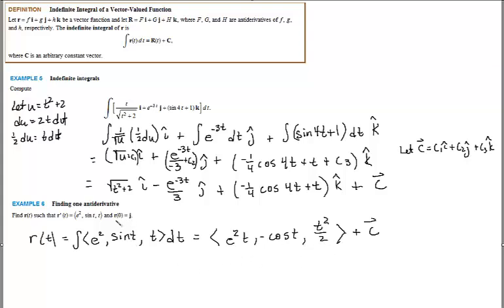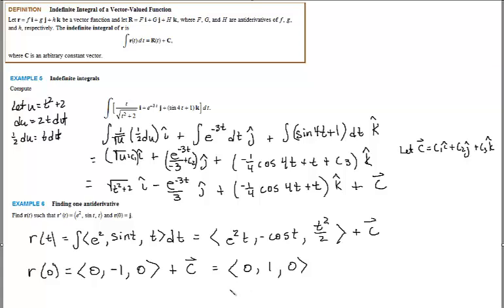They say that r of 0 is just plain j, and what that lets me know is that r of 0 equals, and let's put in a 0 for each one of these. That would be 0, put in 0, that would be a minus 1, and that would be a 0. And I know that plus this c vector equals the j vector, which is 0, 1, 0.